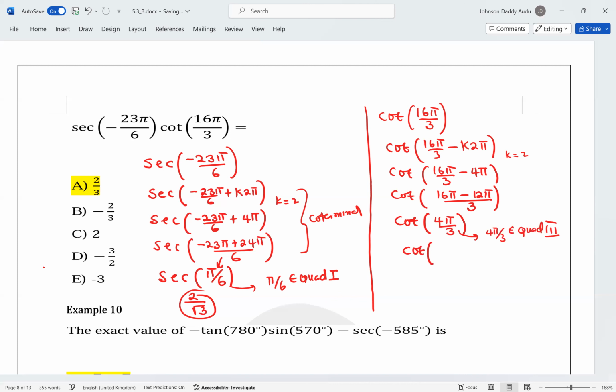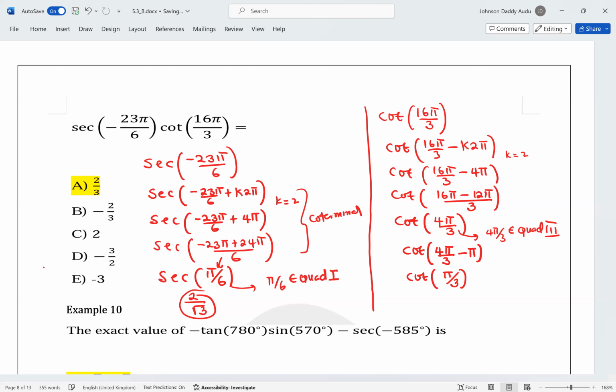Now you have to find the reference angle. In the third quadrant, remember the reference angle will be theta minus pi, because it will be theta minus 180. And now this will be cotan of just pi over 3, right? Yes. And what is cotan pi over 3? It's the same thing as cotan of 60.